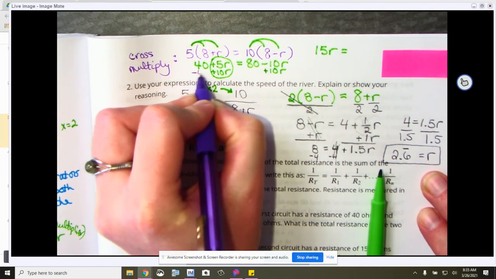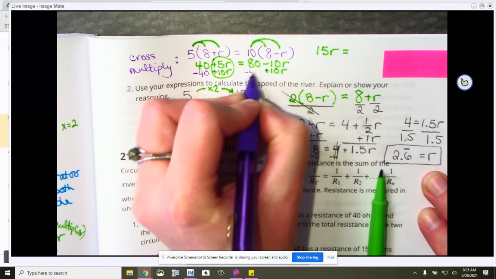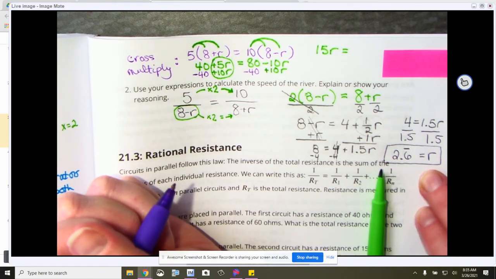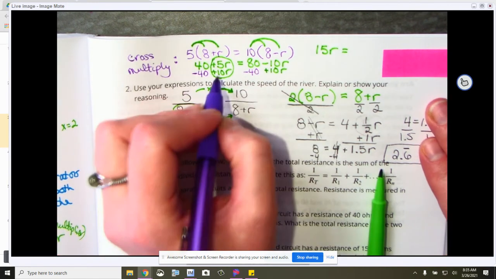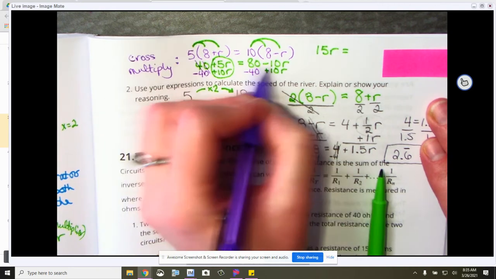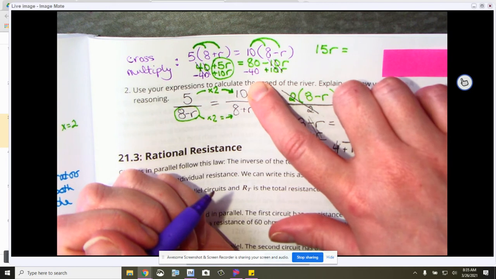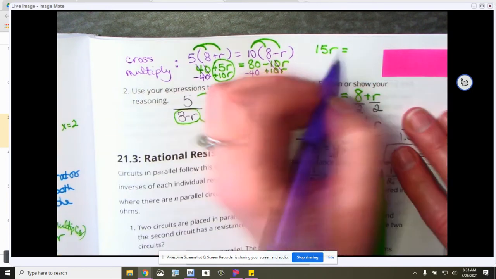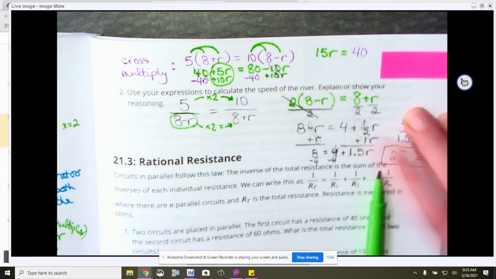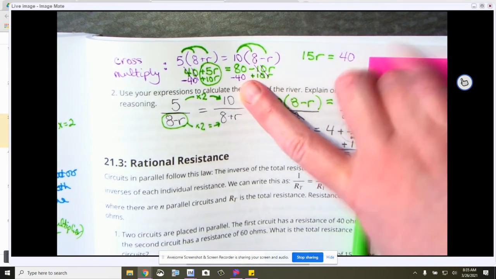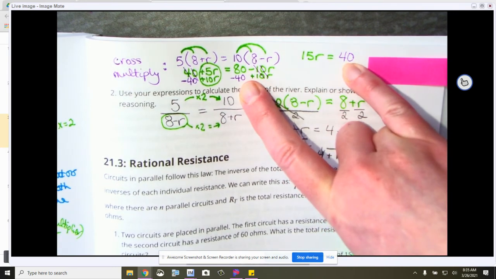So I would subtract 40 from both sides. Equals 40. That way, our 40s here would cancel out, our 10s here would cancel out. And 80 minus 40 is where I'm getting that 40 from.